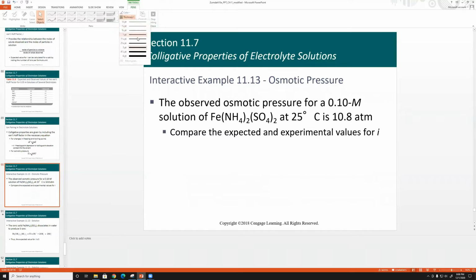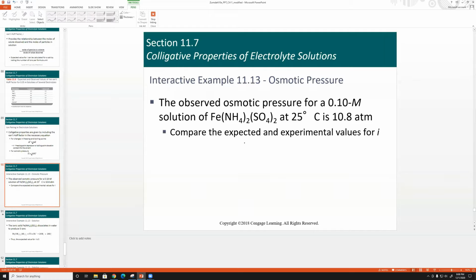We'll do osmotic pressure again, and then we'll be done. The observed osmotic pressure for a 0.1 molar solution of Fe(NH4)2(SO4)2 at 25 degrees is 10.8 atm. Compare the expected and experimental values for i. All right. So what would be the Van't Hoff factor for this?